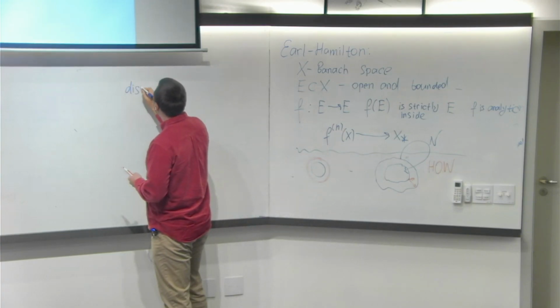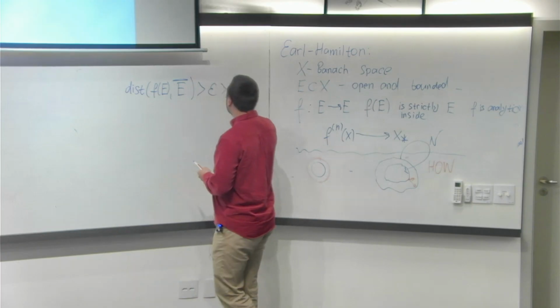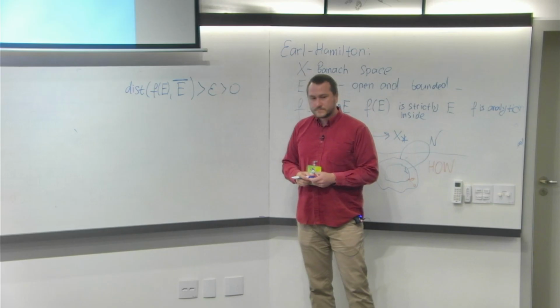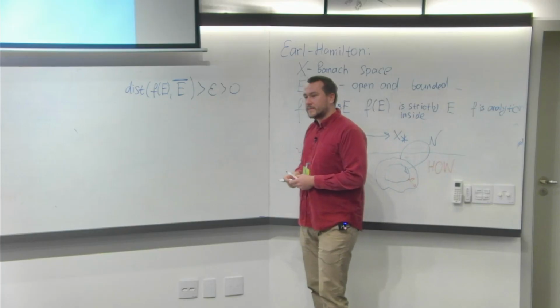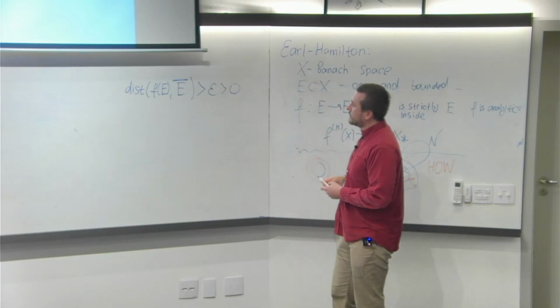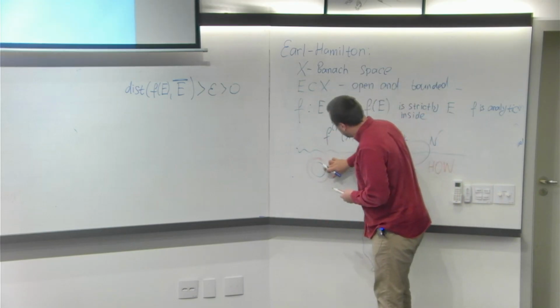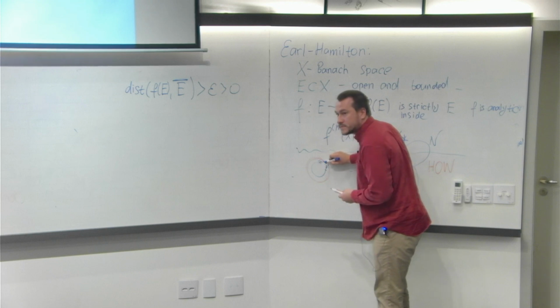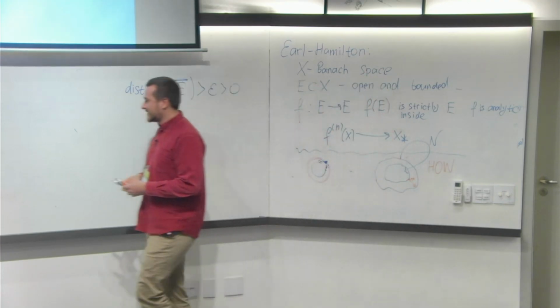So it means that the distance between f of E and the complement of E is positive. But then that's at least saying that the closure is inside. I don't think it's true, because you can have a situation like this when your interior touches the boundary. Okay, yeah, I guess then the closure inside is fine. Yes, you're right.